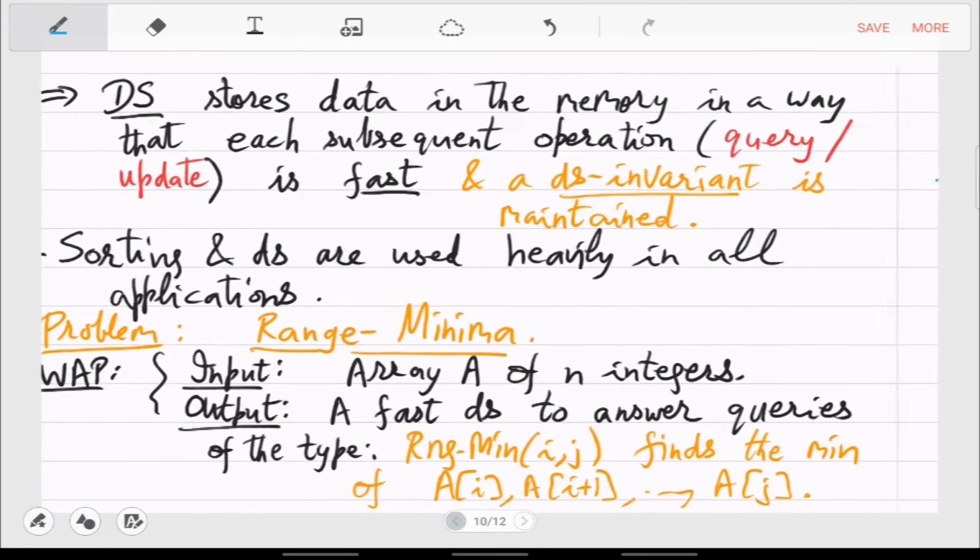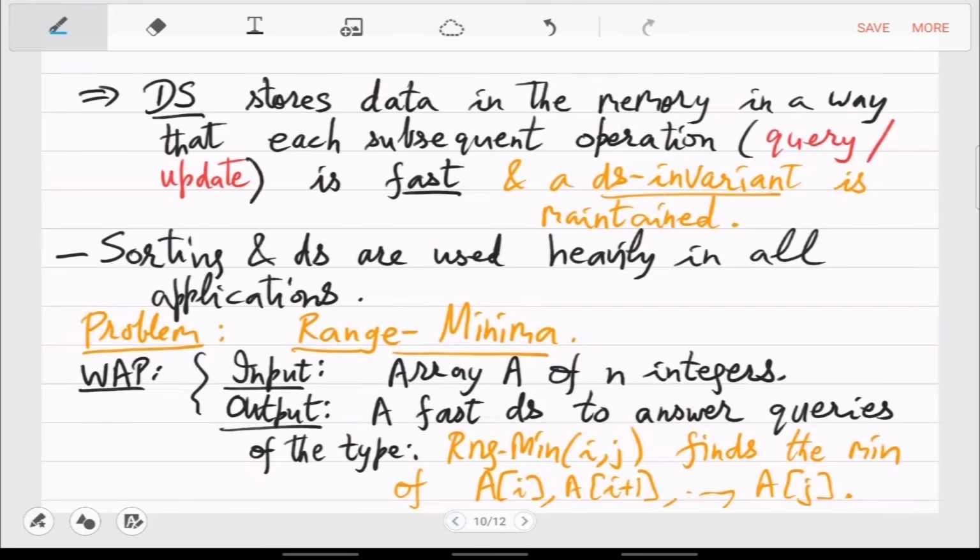Right, so this is a problem which is used as a subroutine in many other algorithms. So we'll design a DS for this.